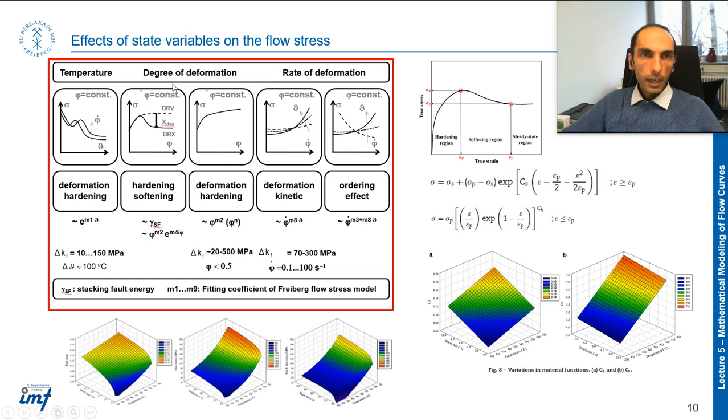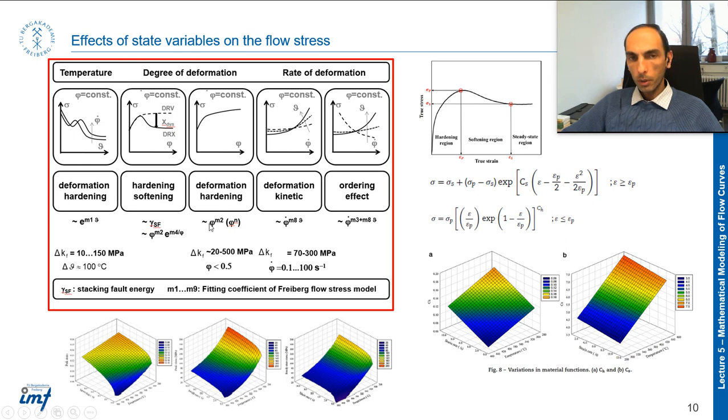And here we talk about the effect of degree of deformation, or strain, on flow stress. So we have two phenomena here. One is work hardening, which is normally, you know, that by increasing the strain, the flow stress increases. This is the hardening effect.